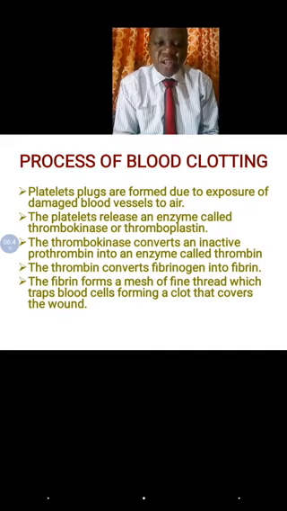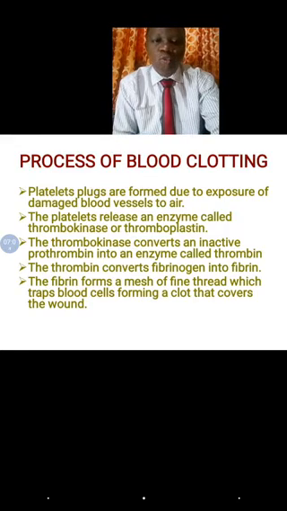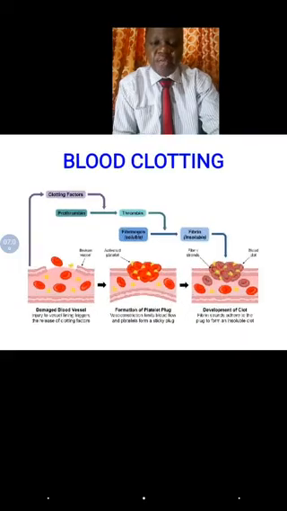The fibrin that is formed eventually forms a mesh of fine thread, which helps to trap the blood cells in the clot, covers the wound, and eventually prevents further loss of blood from the site of the wound. This is the mechanism. This is how it happens.